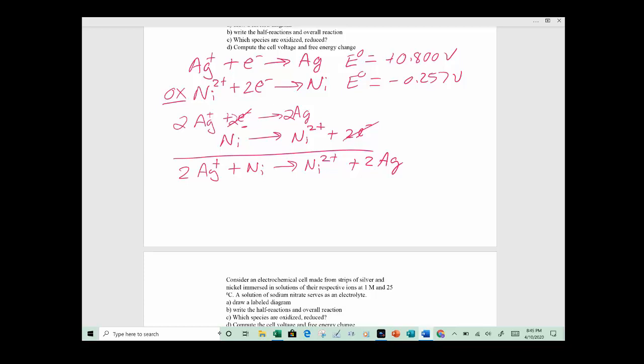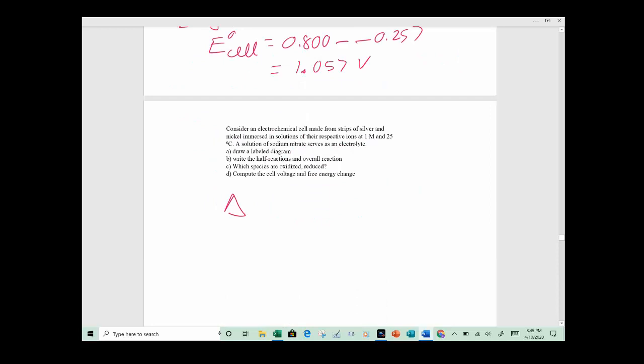That's our overall cell reaction. And our cell potential is going to be high minus the low. Our free energy change is going to be minus 2.